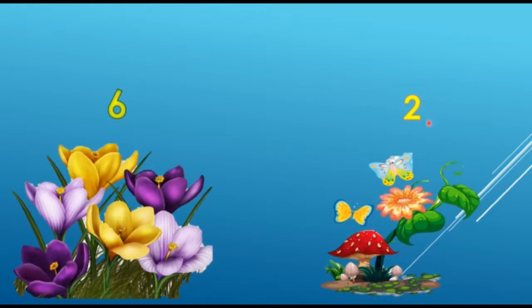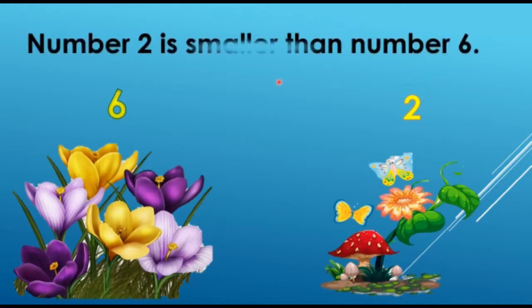Then which side is lesser? Now see, number 2 is smaller than number 6. Number 2 is smaller than number 6. Means the butterflies are fewer than the flowers.